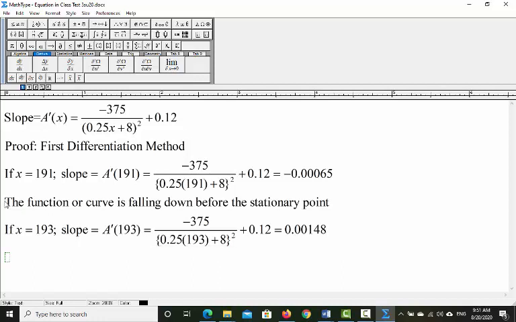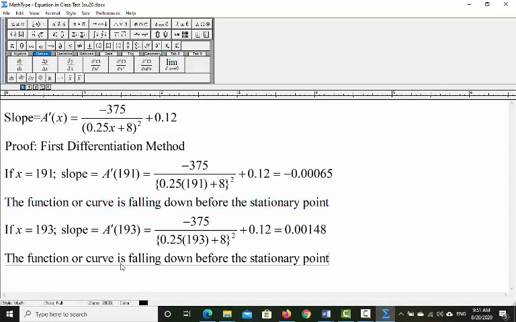So what we can write is, the function or curve is moving up after the stationary point. That means the shape is like concave up.